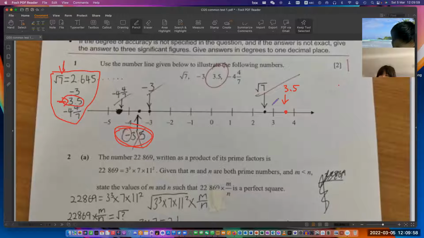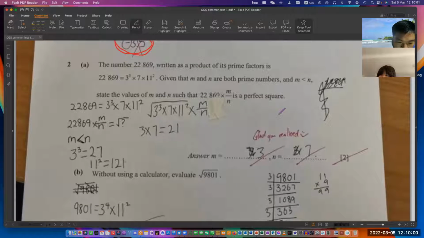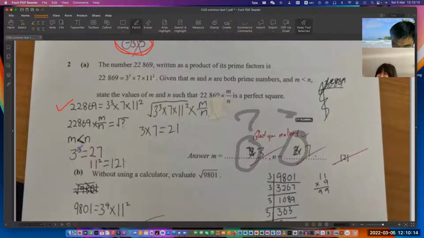Okay, next. This is the question that you deserve to be penalized for, but you did not get penalized. Let me tell you why. Because the teacher pitied me. Yes, I know. That's why 7 to 3, and then last minute change to 3 to 7.